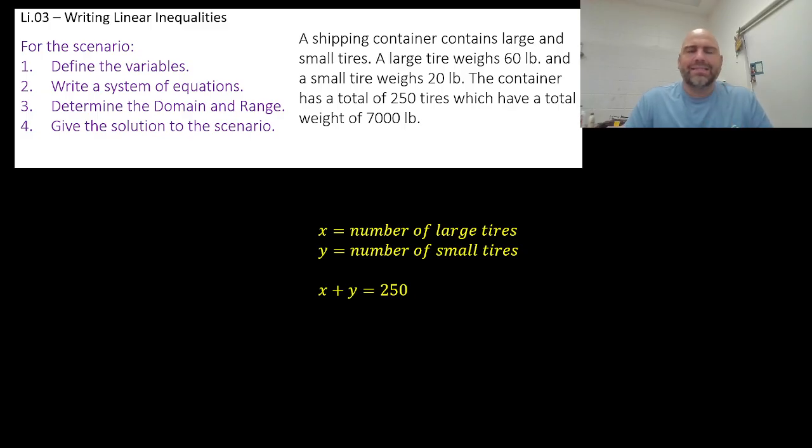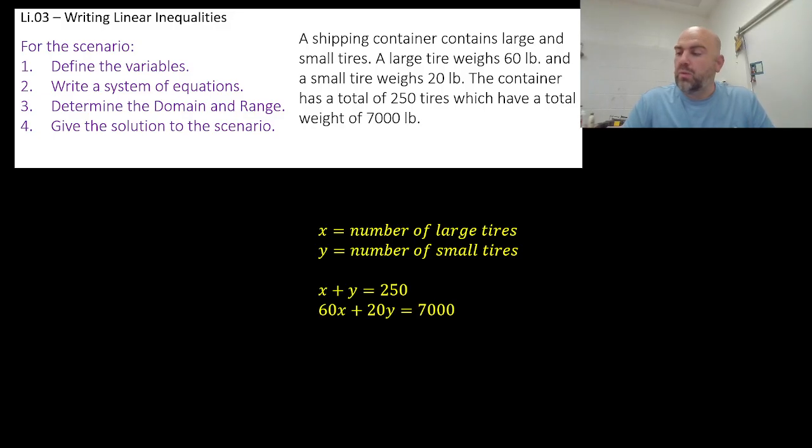The second one is a little bit more difficult, as that one is going to have something to do with weight, and our variables aren't the weight of the large tires, so we actually have to find the weight of the large tires. Well, based on the number of large tires, if we multiply that value by 60, because that's how much each tire weighs, we're going to get the weight of the large tires. And same thing with the small tires. If we take small tires and multiply them by 20, we're going to get the weight of the small tires.